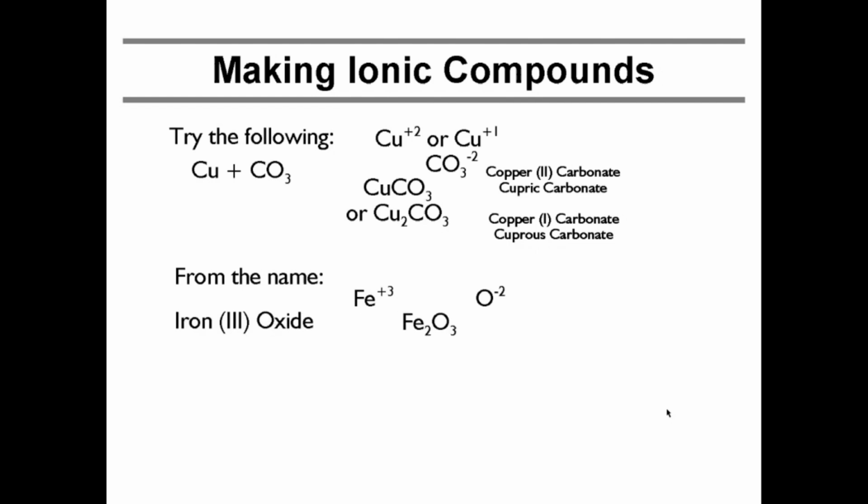That would be Fe2O3. How come? Well, I need 2 of those, +6 total, to cancel out -6 on the other side. Often if you have a +3 and a -2, all you need to do is switch the valence to the subscript in opposite directions, and then you get the answer.